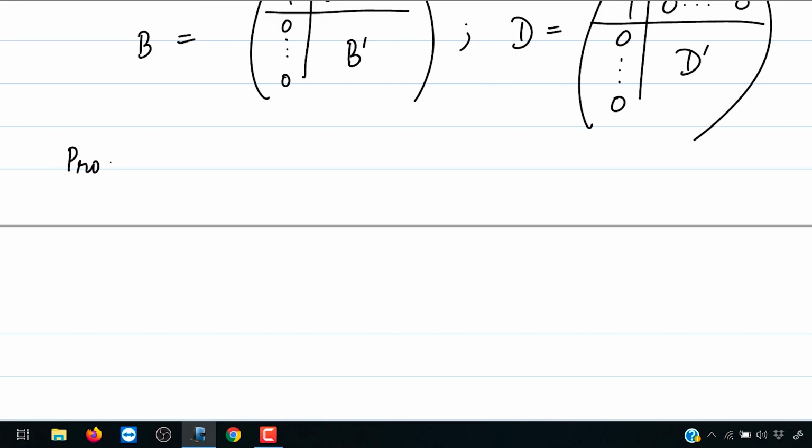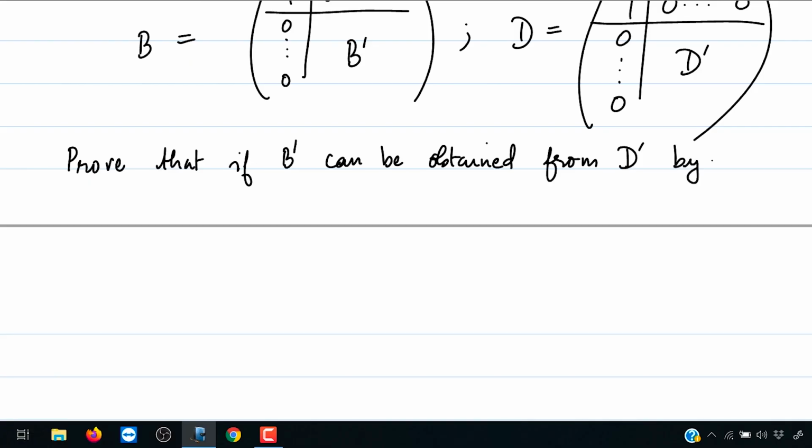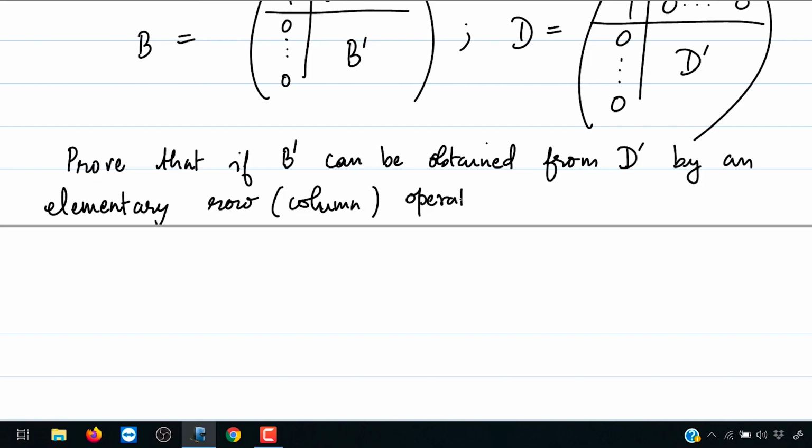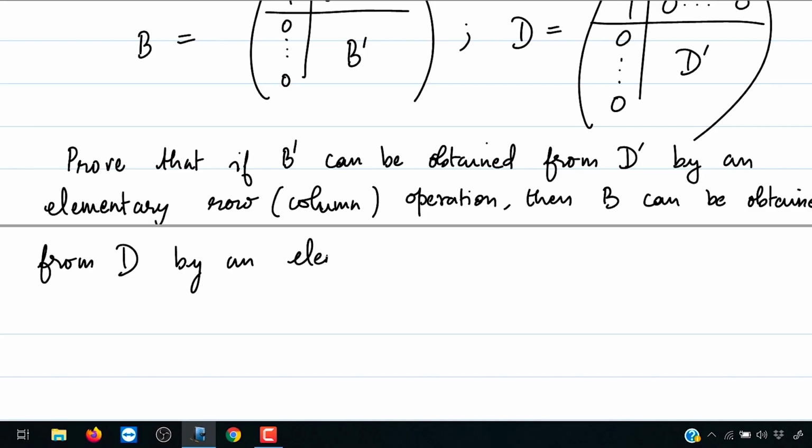So, prove that if B prime can be obtained from D prime by an elementary row, or rather for that matter even a column operation, then B can be obtained from D by an elementary row operation.